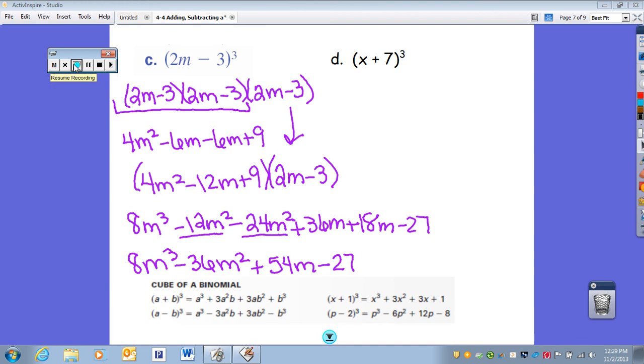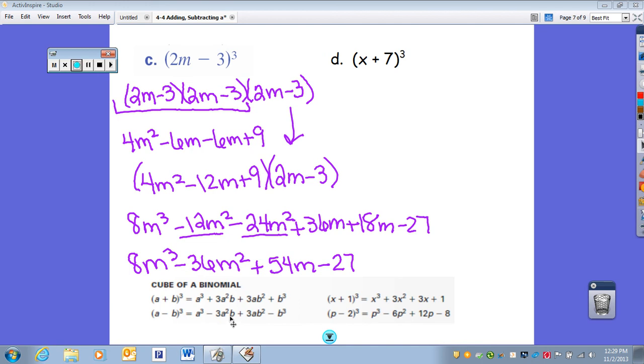There is a special pattern with letters C and D. It is called the cube of a binomial. So when you have a minus b cubed, you cube the first term, so 2m to the third power would be 8m cubed, and then you subtract, first of all taking a squared, 2m times 2m would be 4m squared, and multiply that by 3.